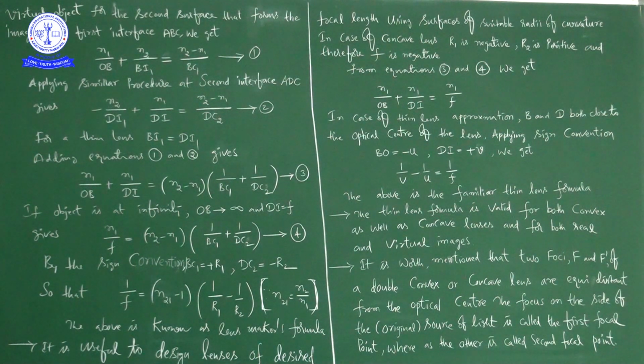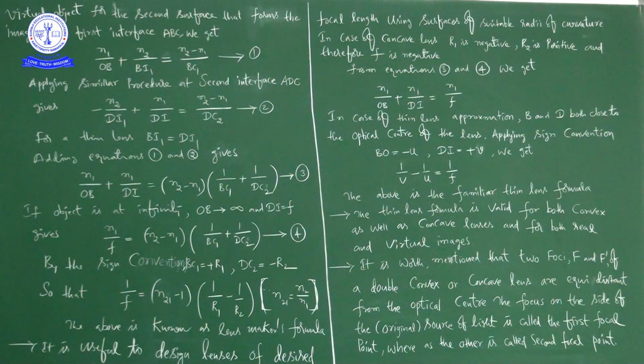Now if you take the second curved surface, the refractive indices are N2 and N1, because here the light travels generally from glass to air. So N1 is air and N2 is glass generally, though you can change that if you want.